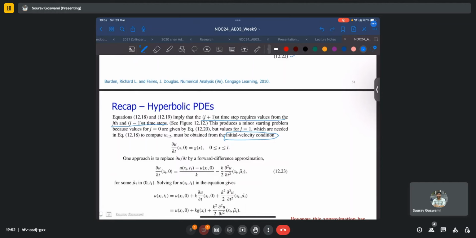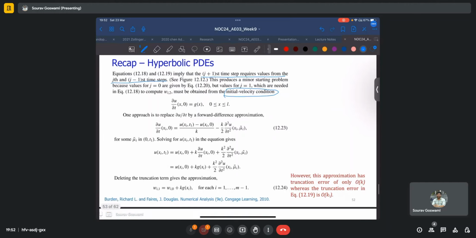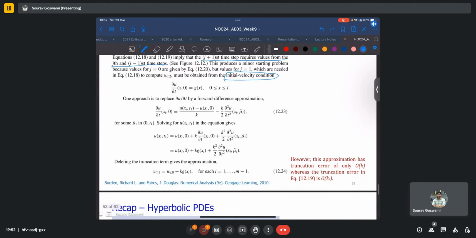One approach is to replace del u del t by a forward difference approximation, and then solve it utilizing the initial velocity conditions given to us, and neglect the truncation error to obtain wi,1 equal to wi,0 plus k g of xi, where g is the function describing the initial condition.